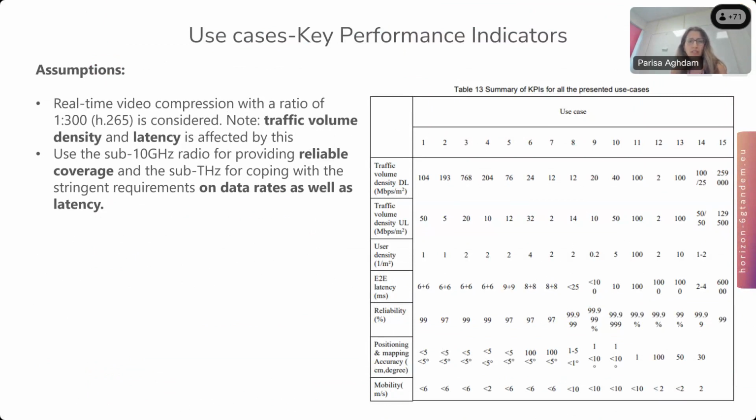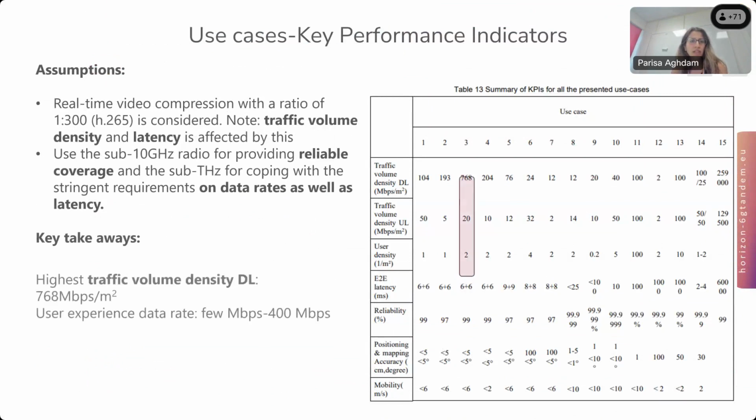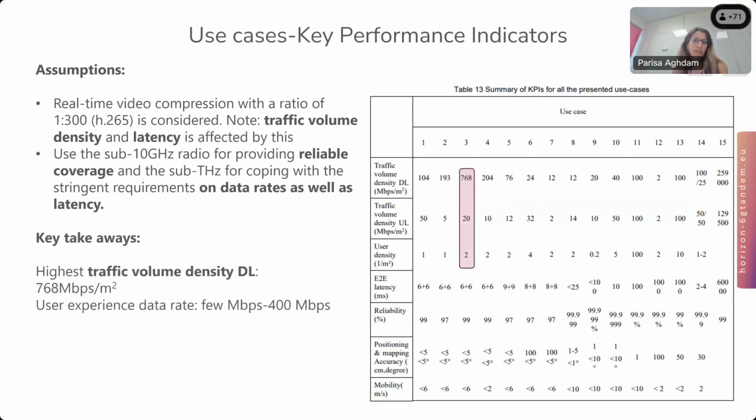I haven't used the template for the KPIs, but I can mention that across these 15 or 16 use cases, we have captured the highest traffic volume densities, and it depends mostly on the AR, VR, XR use cases, where video compression, for example, determines what you get at the end of the day.